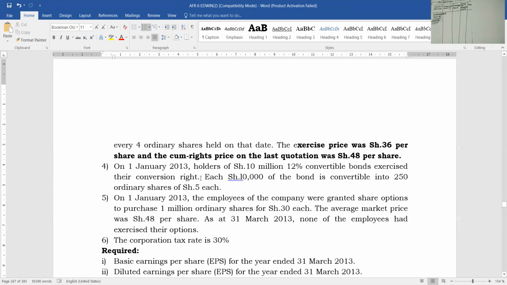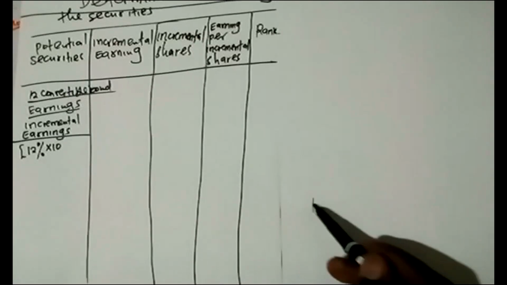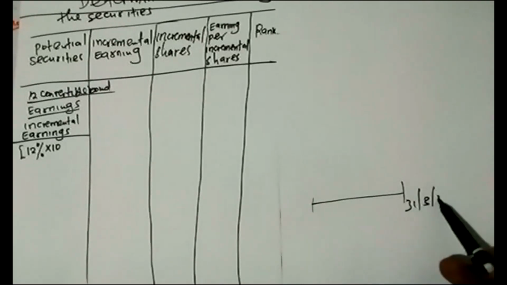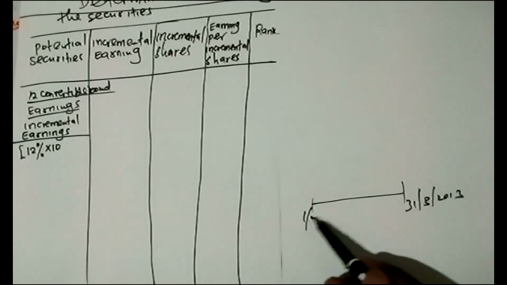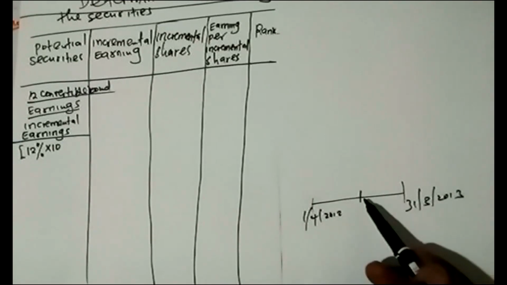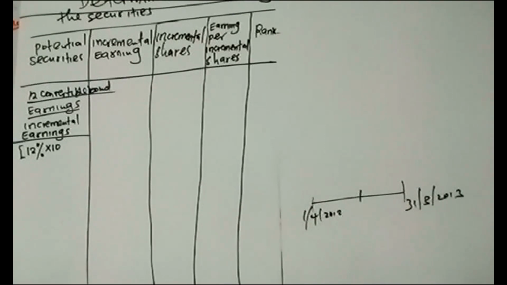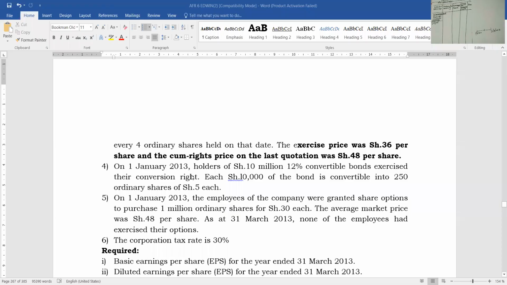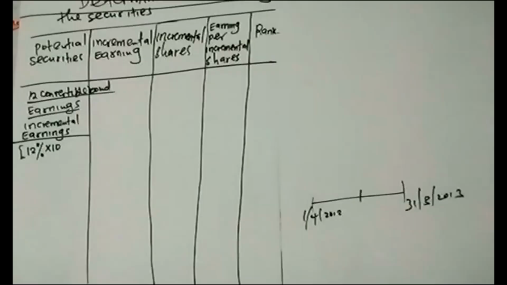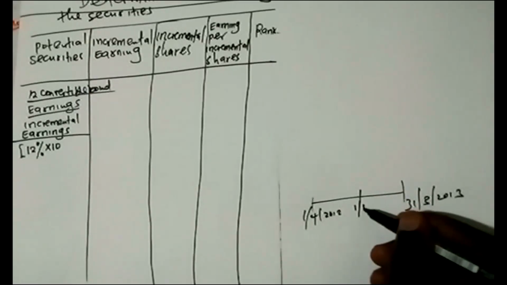And our financial year was starting on 1st April. So from 1st April 2012, because our financial year was ending on 31st March 2013. And this conversion of 10 million of the 25 took place in January 2013.